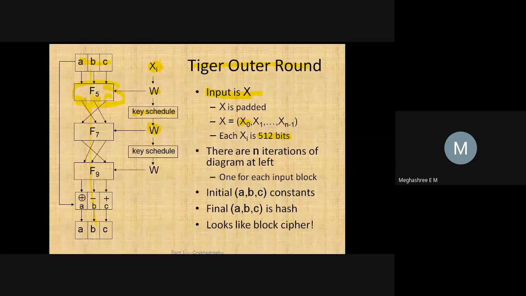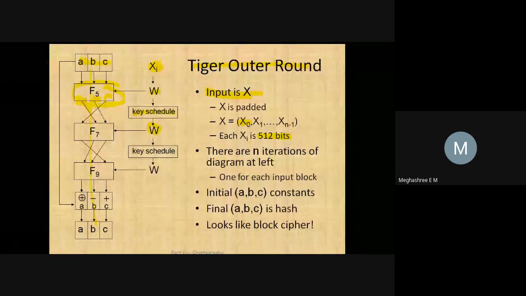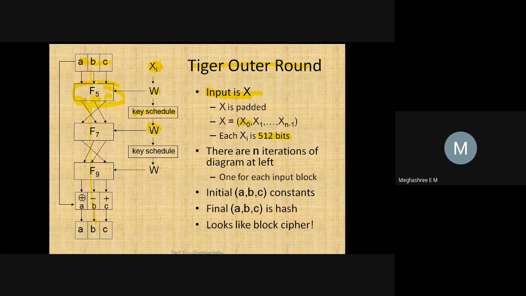So in total, you have to get 192 bits: A is 64, B is 64, and C is 64. This is fed as input for this F5 function. F5 is nothing but where the inner round computation will be done. To perform this computation, W is fed as input along with ABC.